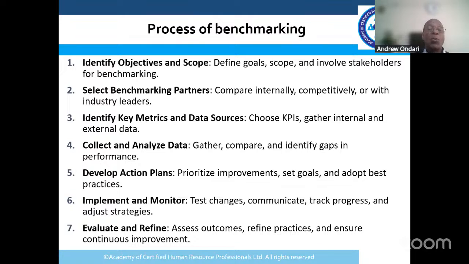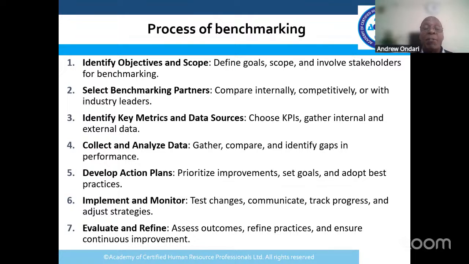So if you are going to do functional benchmarking, that will be your scope. You look at the functions like human resource planning, recruitment, training, performance, and the compensation. This will help us to focus on those particular areas.